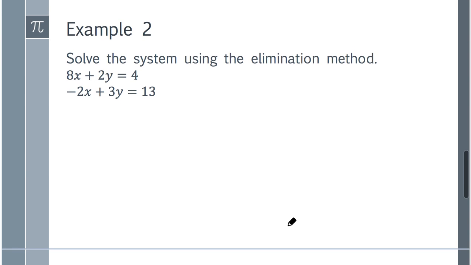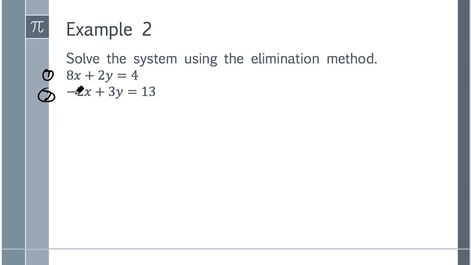Here's the system: 8x plus 2y equals 4, and 2x plus 3y equals 13. Again, you notice I like to number my equations 1 and 2. First step is, which variable do I want to eliminate, the x's or the y's? I am going to pick the x's only because I notice the x's are opposite signs, so that helps me already.